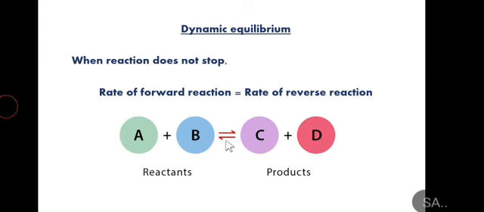So in dynamic equilibrium, the reaction is continuous, it is not stopping. The rate is changing, but then it will become uniform. The amounts of reactants and products will be the same in a closed system.